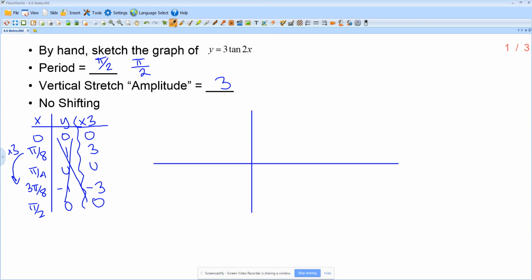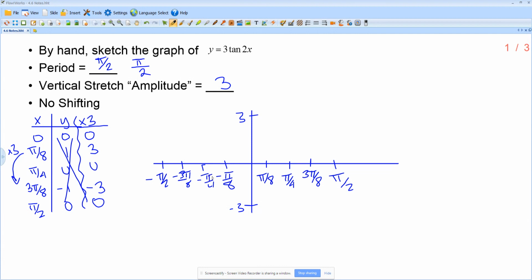When I sketch this, I'm still doing 2 full periods. So I'm starting here, going to pi halves. I have pi fourths, 3 pi eighths, and pi eighths. And then negative pi halves, -3 pi eighths, negative pi fourths, and negative pi eighths. I'm going from -3 to +3.